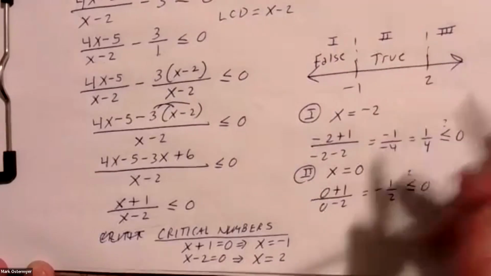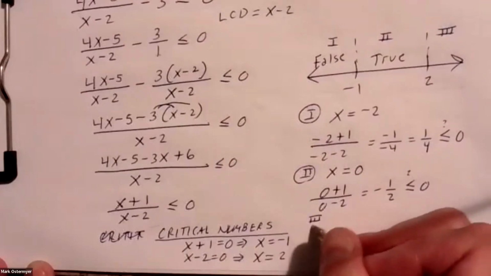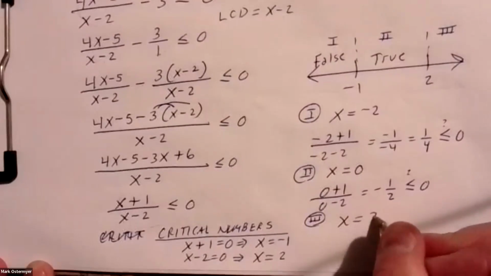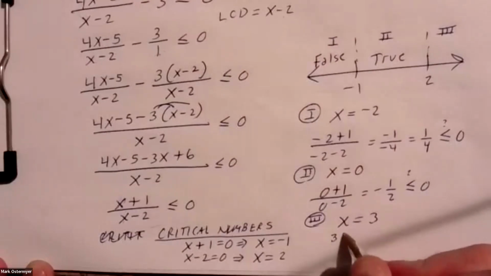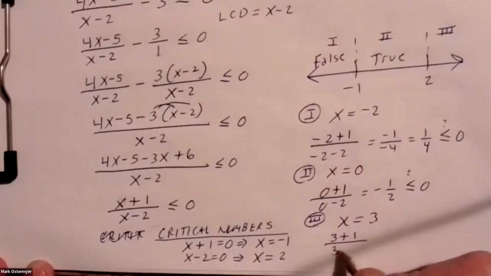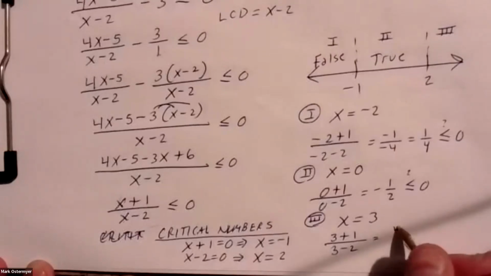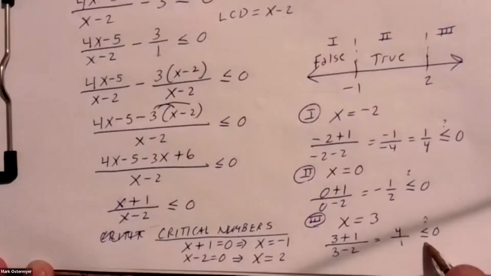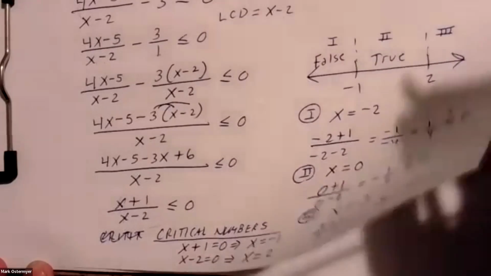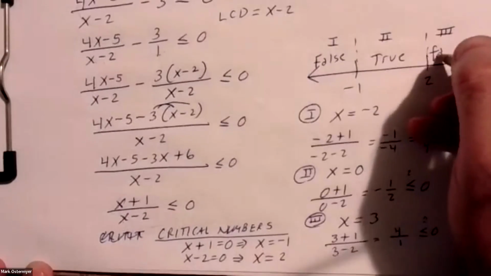Finally, give me a real number greater than 2 in interval number 3. Something nice like 3. Put 3 in here and verify. Is 3 a solution to this rational inequality? Is 4 over 1 less than or equal to 0? That's false. No solutions come out of here.